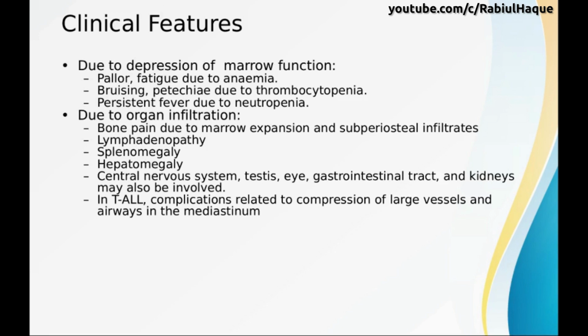Central nervous system, testis, eye, gastrointestinal tract, and kidneys may also be involved. Now always remember, in T-cell acute lymphoblastic leukemias or lymphomas, complications related to compression of large vessels and airways in the mediastinum may also be seen.